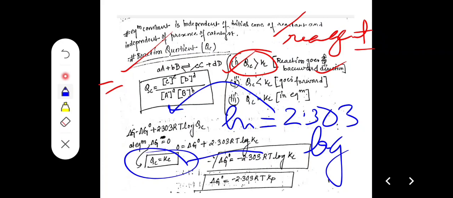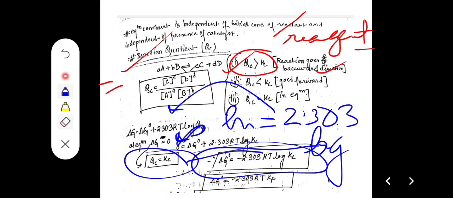So by putting it on this side, we get del G0 equal to minus 2.303 RT log Kc.